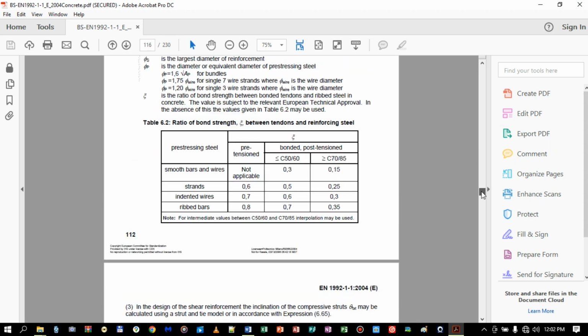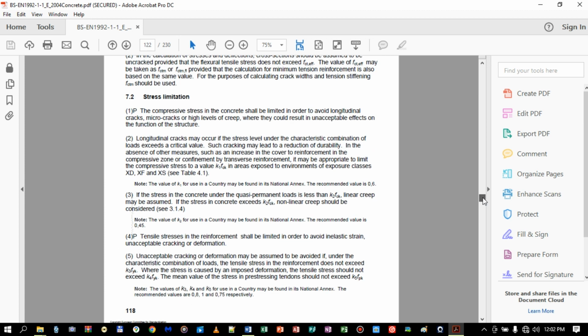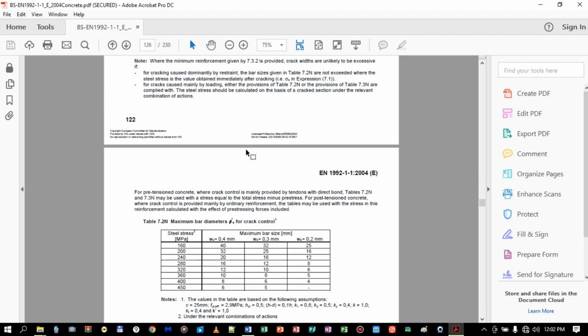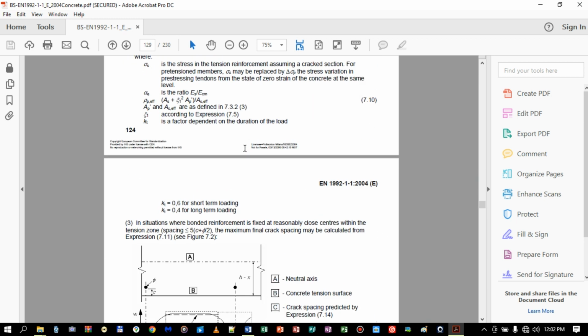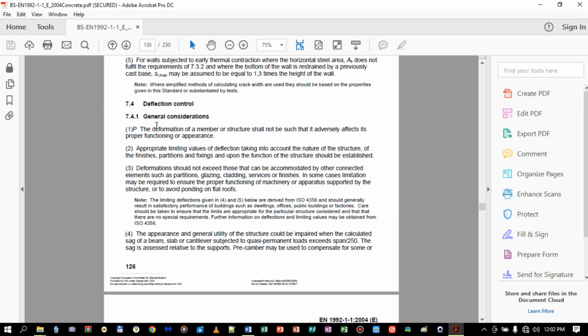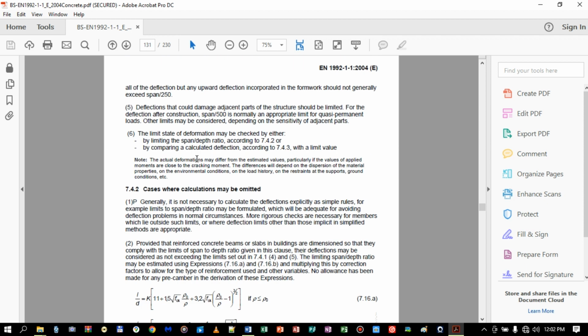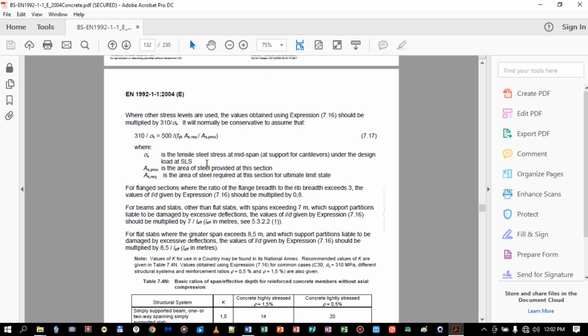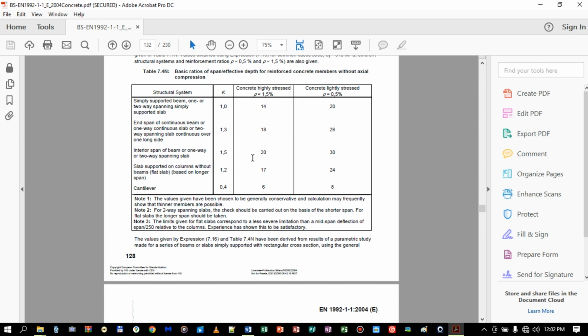Generally, this is the clause we shall be referring to when checking our deflection. If you want to do it from first principles, you can use formula 7.16, part a and part b. But for us, basically, we are going to use this table.